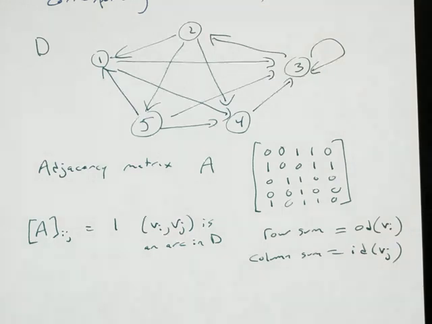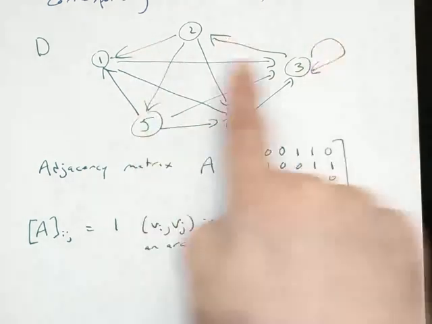Because I don't have to worry about doubling the degrees for the loops, because I counted the outs and the ins separate from one another.